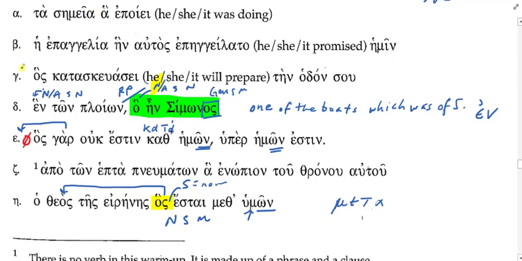Let's assume that it's headless. Then how would I want to translate this if I have to provide an appropriate head in my translation? Yep, he who is probably good, right? He, hos, who, kataskeuase. He tells you this means will prepare. Ten hodon sou. What's that? Your way. The way of you. The way of you is your way.